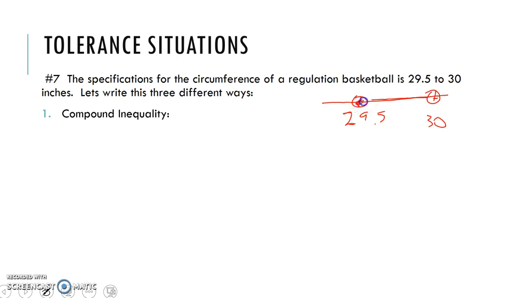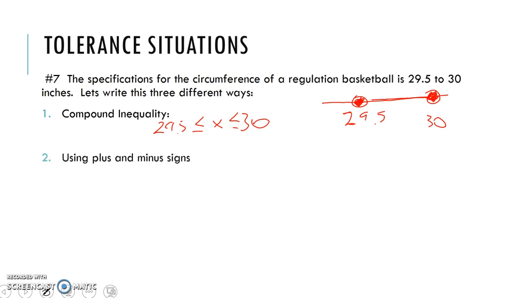And I would say that it can include 29.5 and it would include 30. So the way we would write this as a compound inequality would be something like this. The circumference, I'm going to call it x, could be greater than or equal to 29.5 and less than or equal to 30.